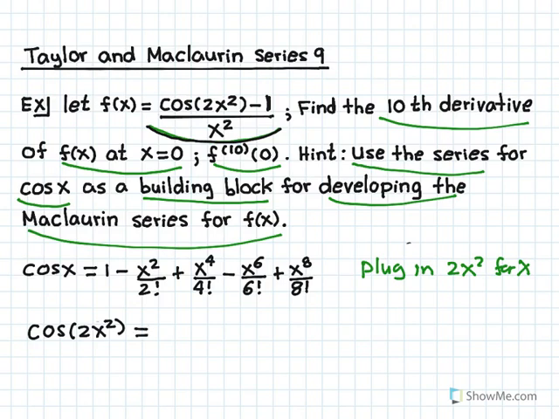So plugging 2x squared for x, we get 1 minus. Now we have to do this very carefully because 2x squared is going to be placed inside x.